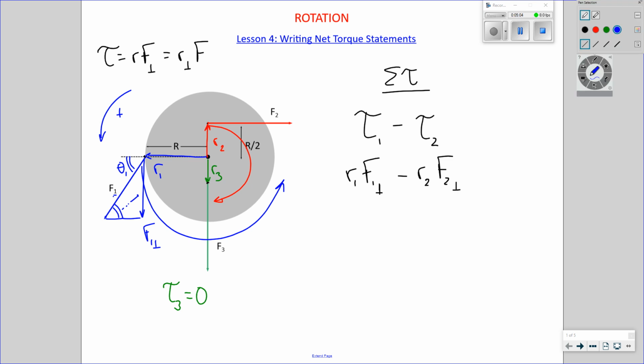Now, r1 is capital R, the distance from the center to the rim, which is the radius of this actual disk. So there's big R times F1 perpendicular, and then we subtract the torque created by F2. r2 is big R over 2, times F2.